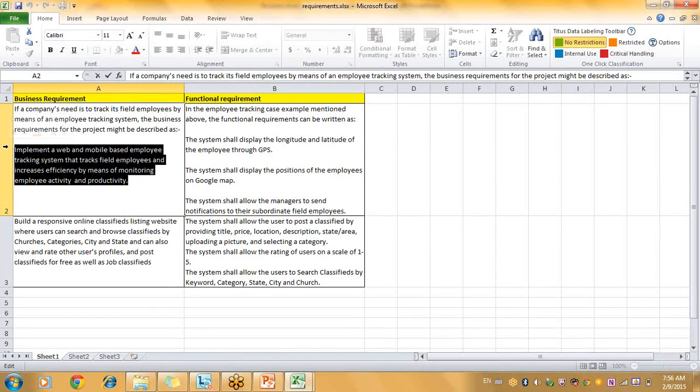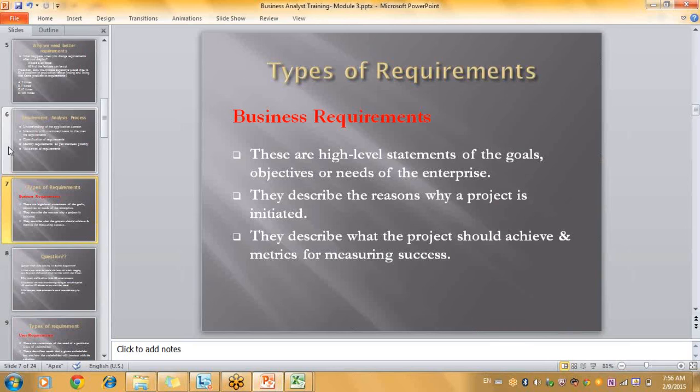I need to see my efficiency going up by 25%. After I have finished the project, we will monitor and see whether the efficiency or productivity has increased by 25%. If I can achieve that, that is a success. That is basically the metric for my success.